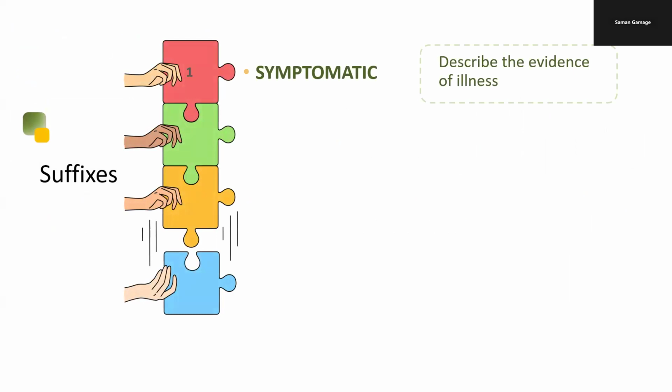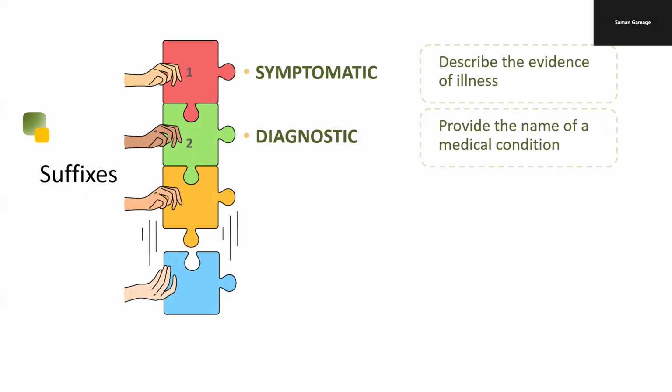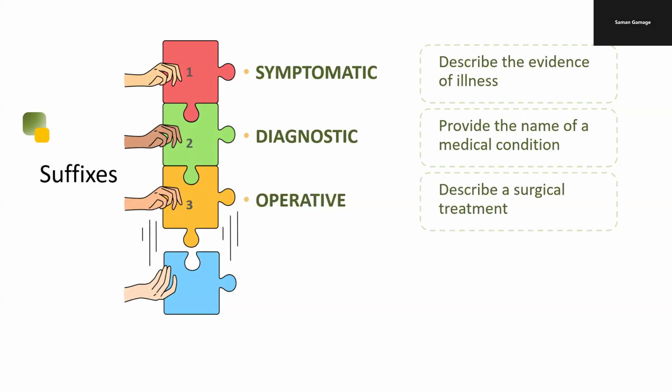Okay. So there are different types of suffixes. There are symptomatic suffixes, describing the evidence of illness. There are diagnostic suffixes providing the name of a medical condition. Then operative suffixes describing a surgical treatment. General suffixes that we use for general application.